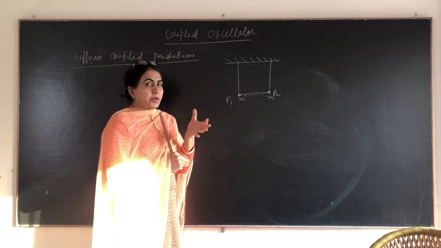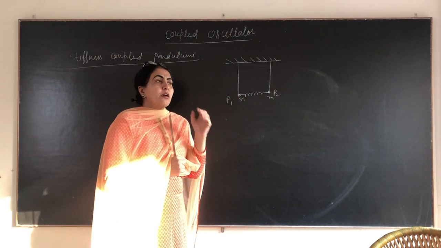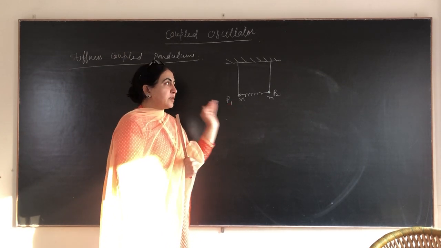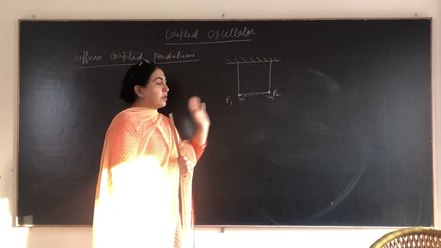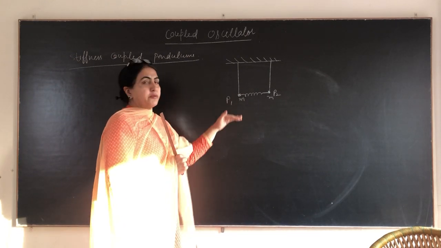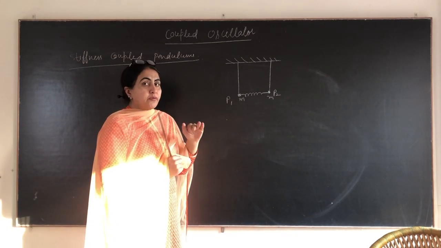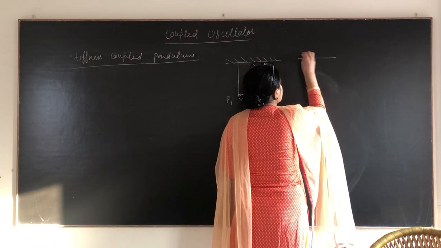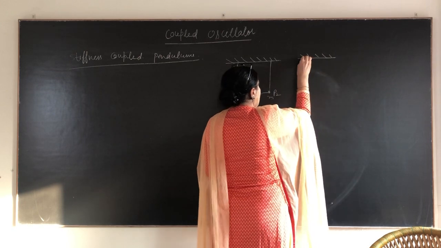Then this becomes a coupled oscillator. Now this is the equilibrium position. When we want oscillations, we disturb them from the equilibrium position. When the oscillator is disturbed from the equilibrium position, then what is the diagram of that disturbance? Like this.